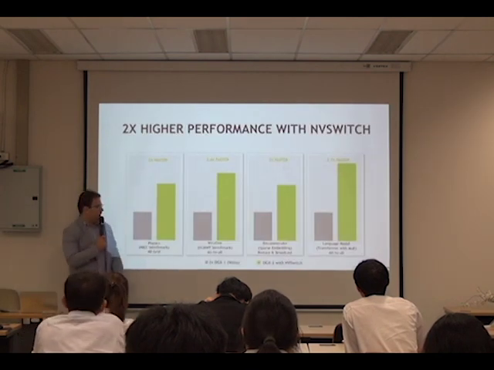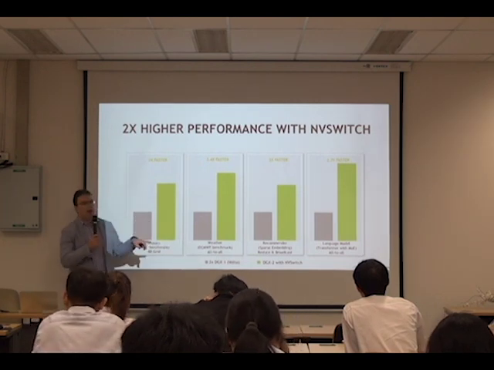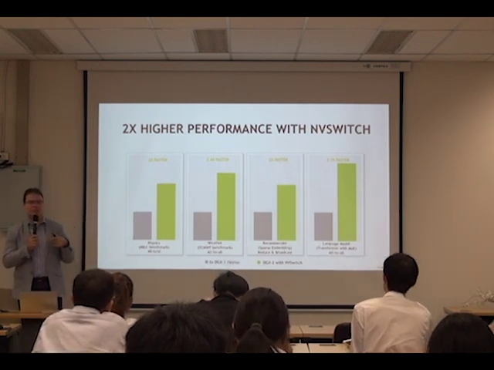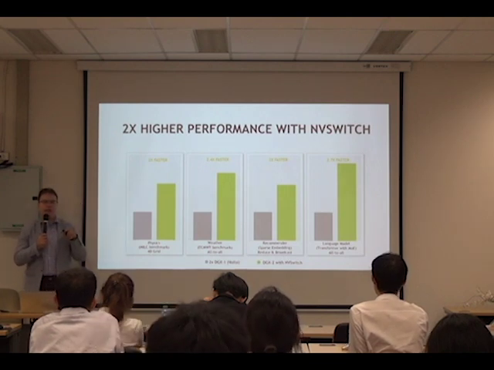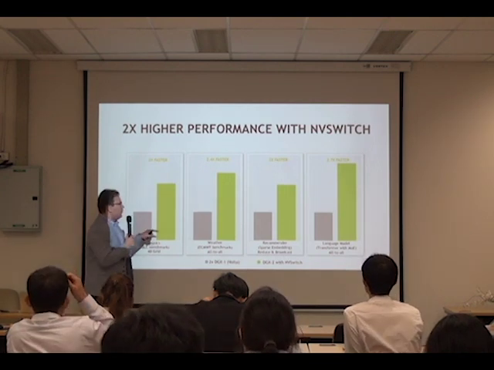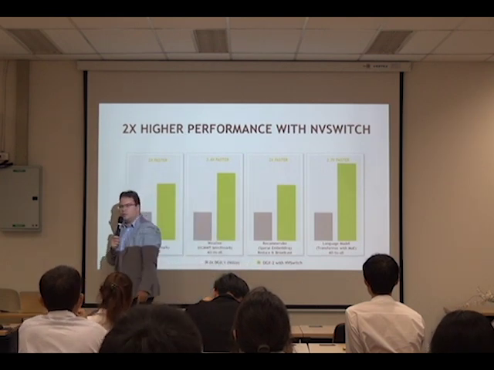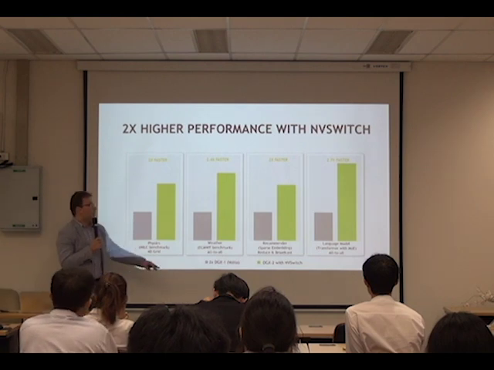And you get a lot of performance. This is comparing, the one line is two DGX1 systems, so the one that you have right now. So 2 times 8, you have 16 GPUs. We are comparing with the green line. The green line is a DGX2 with NVSwitch. It has 16 GPUs connected with the NVSwitch.